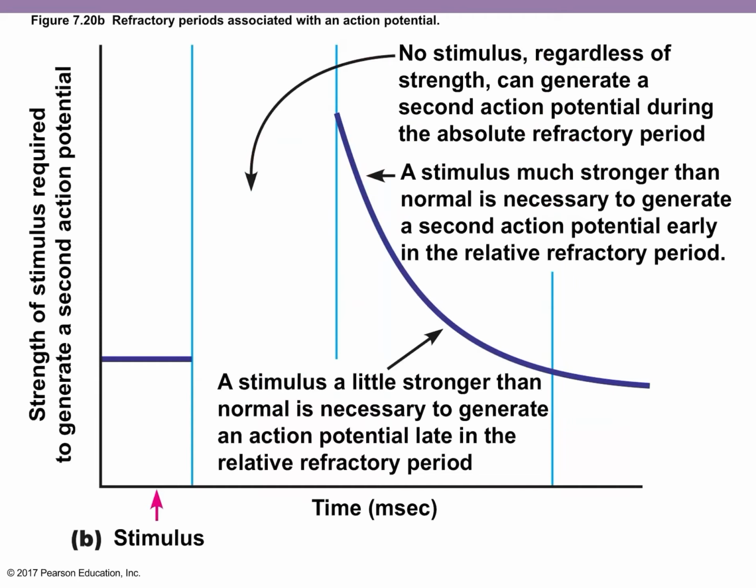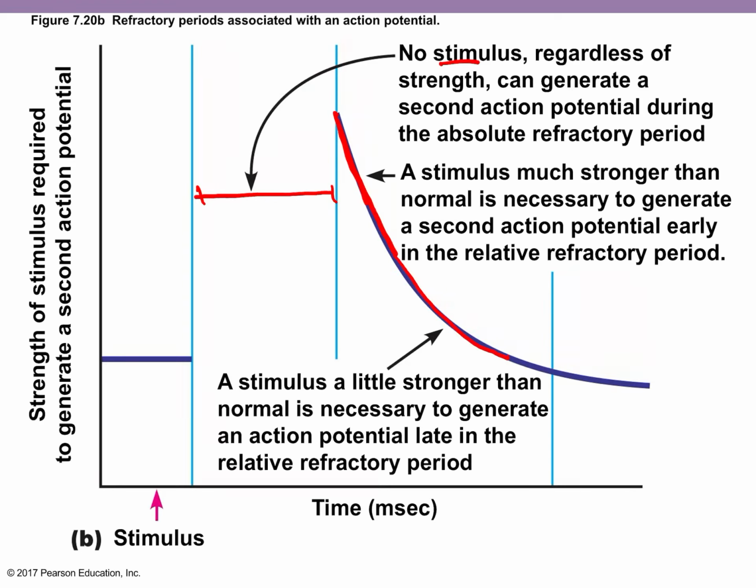Okay, so this is just putting words to what I just mentioned. During this absolute refractory period, no stimulus, regardless of the strength, can generate a second action potential. And then here, when we're starting to repolarize, this first part of it, a stimulus much stronger than normal is necessary to generate a second action potential this early in the relative refractory period.